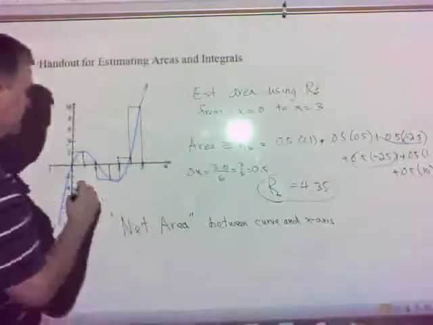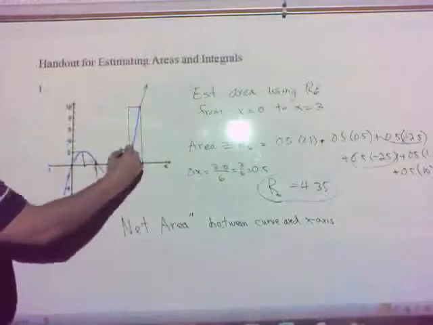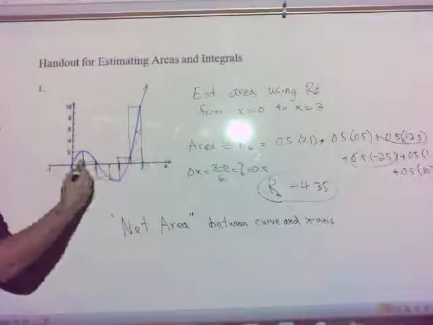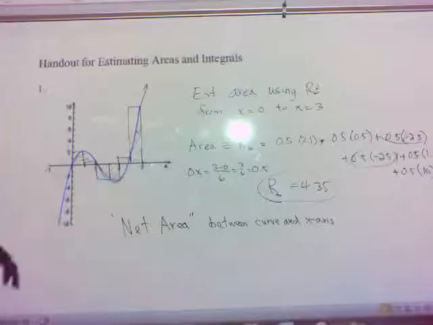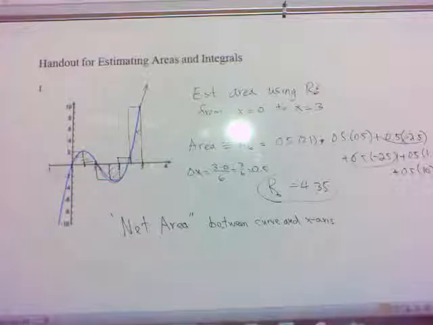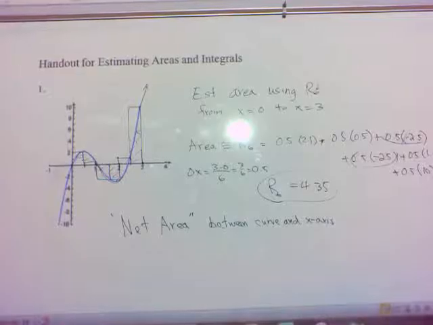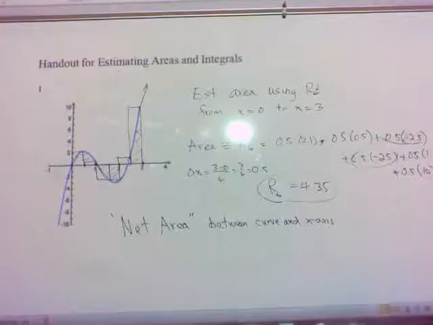Because this area on the top, those are going to be positive values, but the area down here is going to be a negative value, so you have some give and take there. So that's a very important point to note here, that when we calculate these rectangle areas, sometimes we'll get some negative values, and so we're factoring that in.